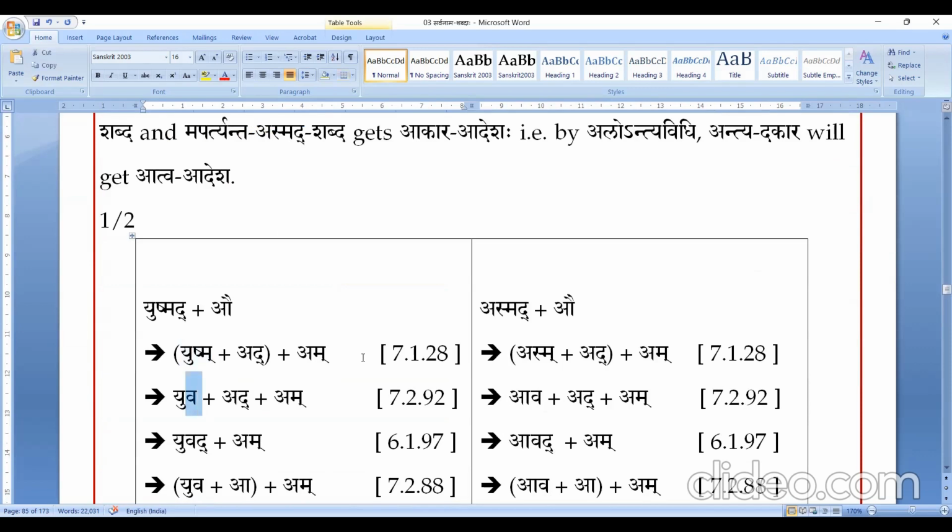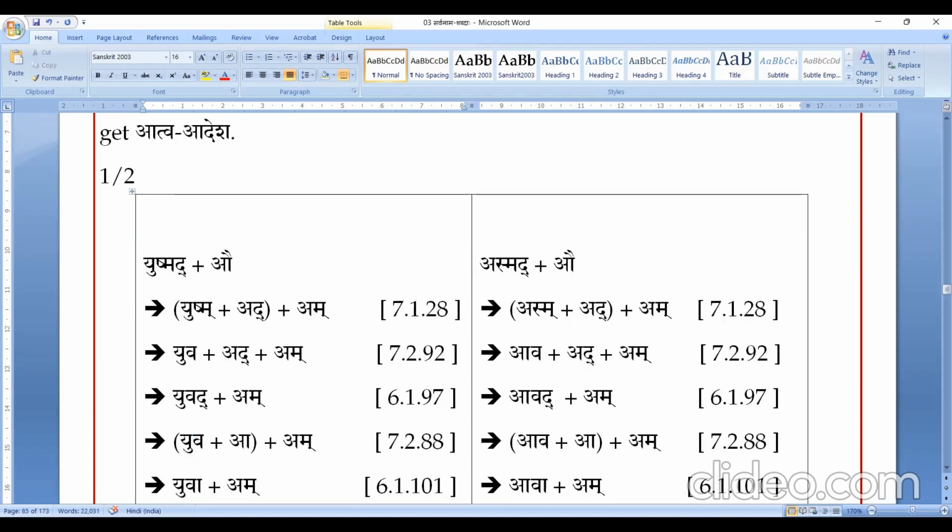Now, A plus A, Atogune, so Yuvad plus Au, similarly Avad plus Au. Now we apply the sutra 7:2:88, Prathamayascha Dvivachane Bhashayam. This is Prathama Vibhakti Dvivachana. So what will happen? In Yuvad, Antyasya Akara Adesha comes. This is Anekal Sthani. Therefore, by the paribhasha Alontyasya, Antyasya Varnasya Sthane Akara Adesha Bhavati.